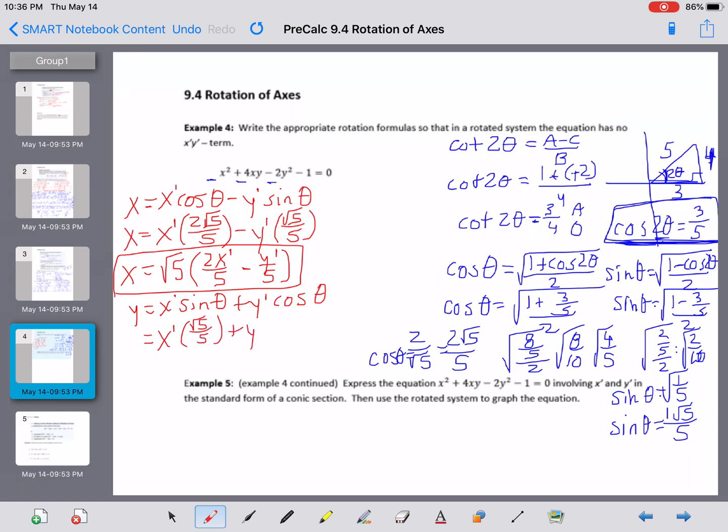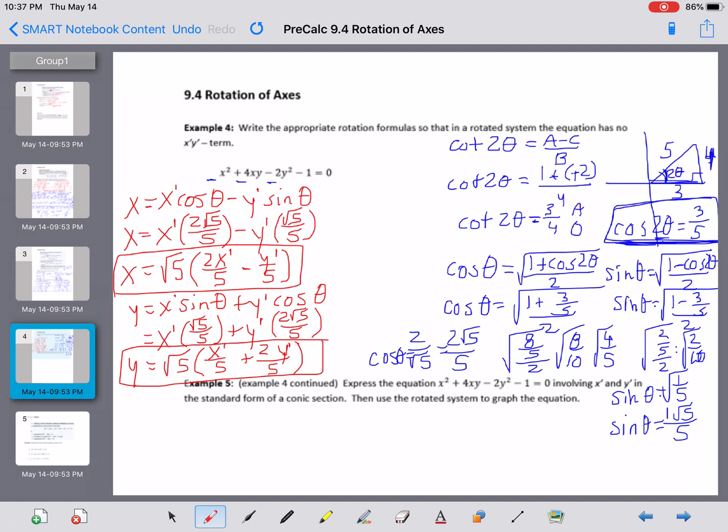Once again, I'm going to pull that radical 5 out, and I'm going to leave x prime over 5 plus 2y prime over 5. All right, so there's my y value. Those are my appropriate rotation formulas, so that's what I would stop at if that's all I was asked for.